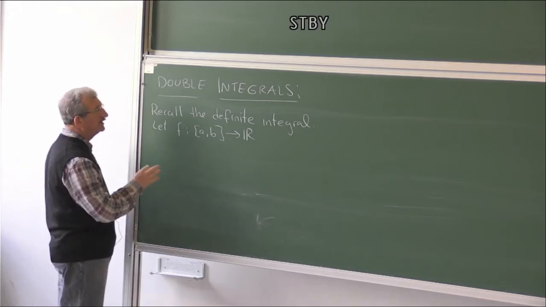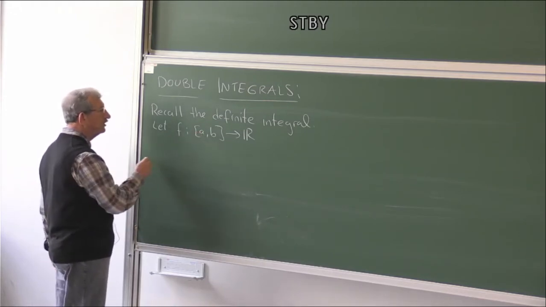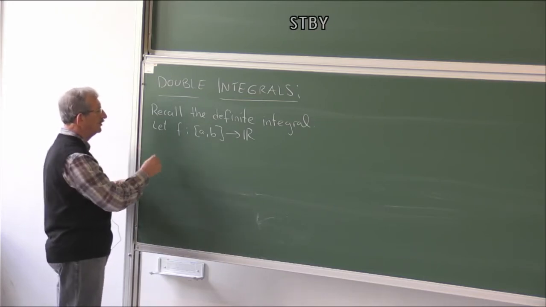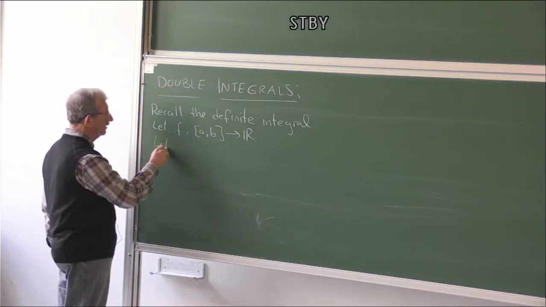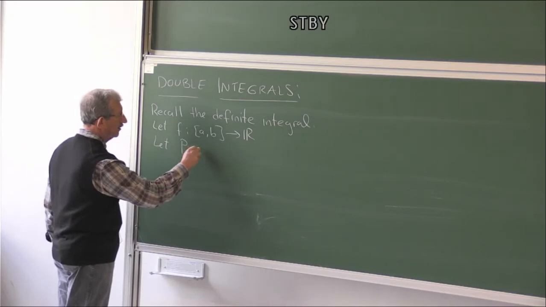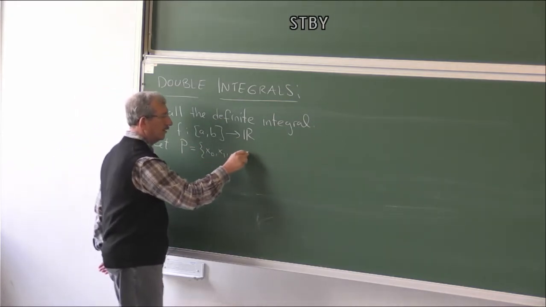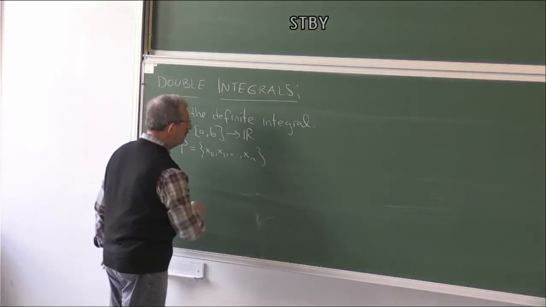And then the next step was to consider a partition. So we have the concept of a partition. Let P be a partition of [a, b].